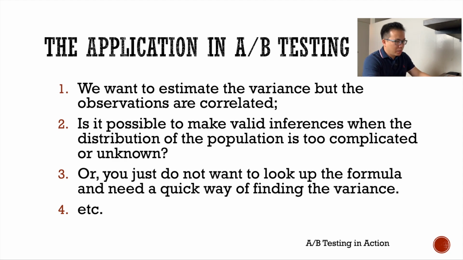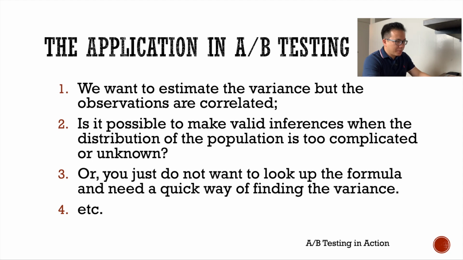And a quick way of doing it is just to run Bootstrap. But there's a caveat when the observations are correlated. In another slide, I will explain how we can do it.